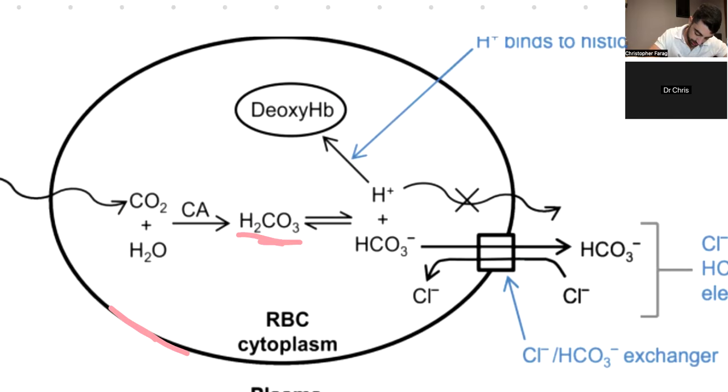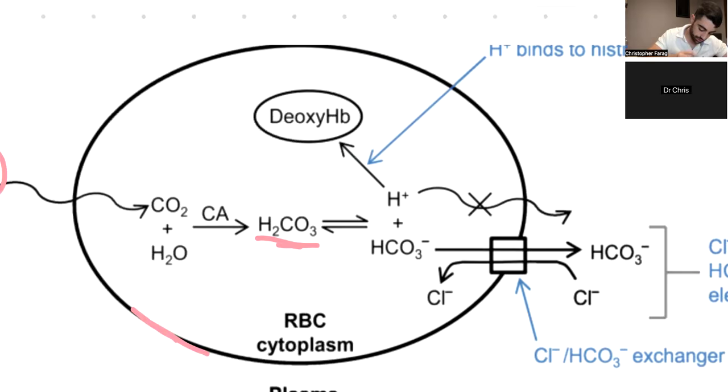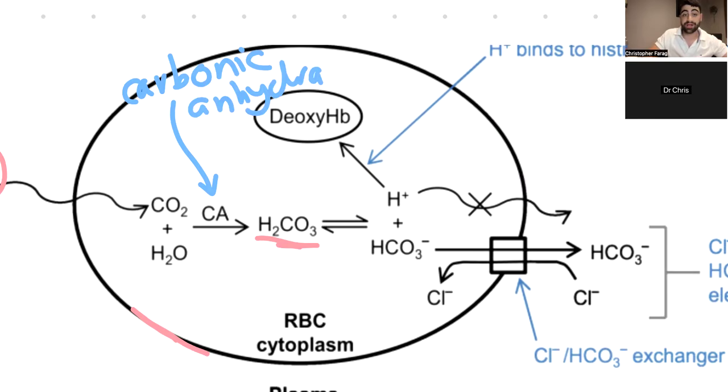CA, in this case, is meant to be carbonic anhydrase. So carbon dioxide reacts with water via carbonic anhydrase to form carbonic acid, which then can dissociate into bicarb and H plus ions.